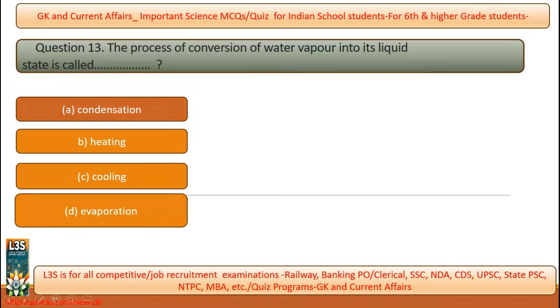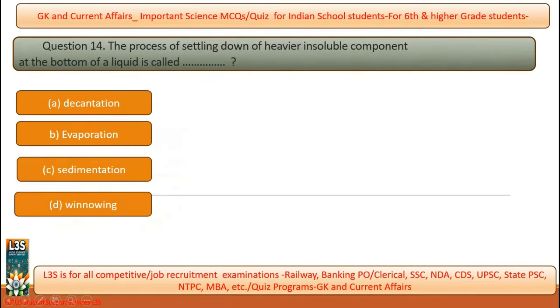A, condensation. The process of settling down of heavier insoluble compound at the bottom of a liquid is called A, decantation, evaporation, sedimentation, winnowing. And the right option here is C, sedimentation.